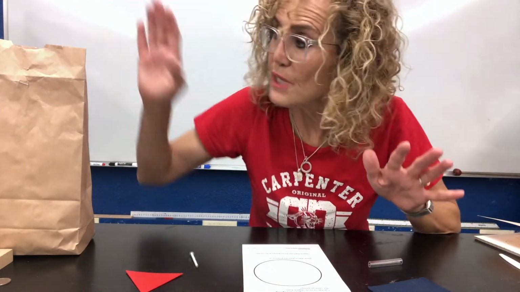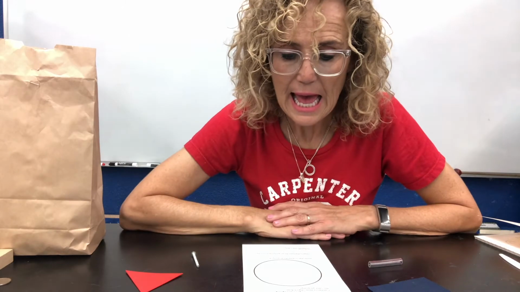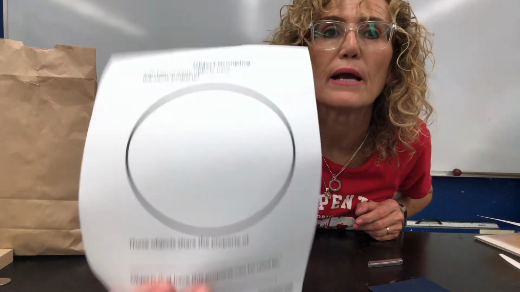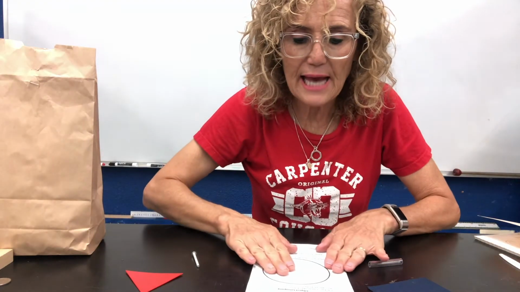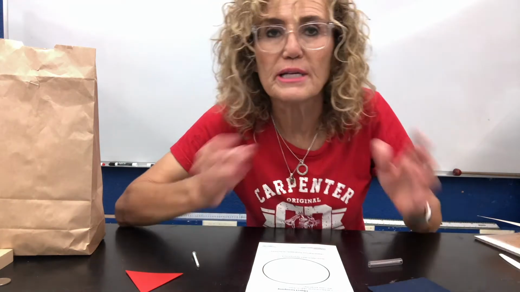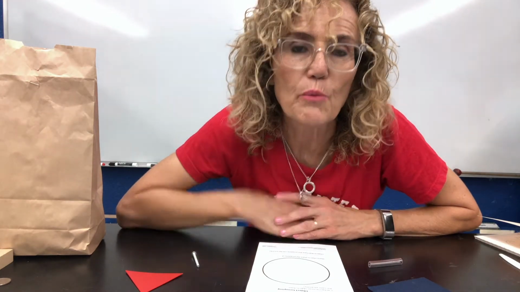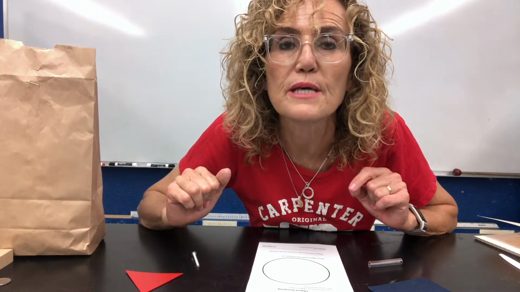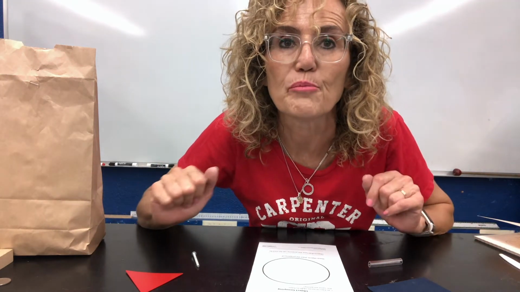Okay, so boys and girls, I got my materials out again, and I got this page that says object grouping. And I'm going to use it as a way to group materials based on their properties. I'm going to give you an example, but then I want you to go around and take turns coming up with different groups of materials based on their properties.